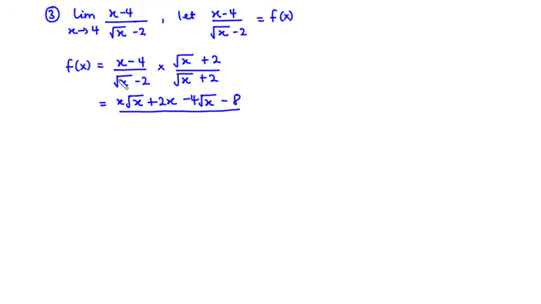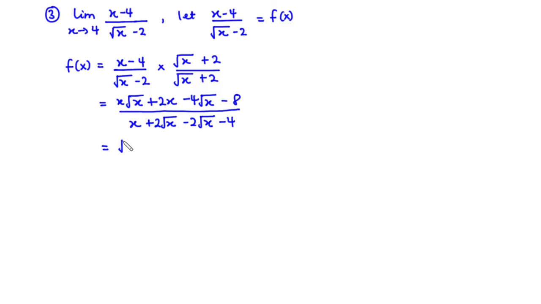Divided by root x times root x is x. Root x times 2 is 2 root x. Negative 2 times root x is negative 2 root x, and then negative 2 times 2 is negative 4. Now let's simplify further. You realize that square root of x is common to negative 4 as well as x.